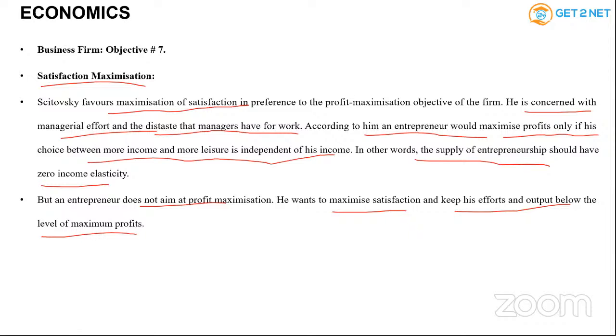Okay, any doubt in business firms, business objective? Okay, no, ma'am. Fine, we will take a 1-minute break and then we will start.